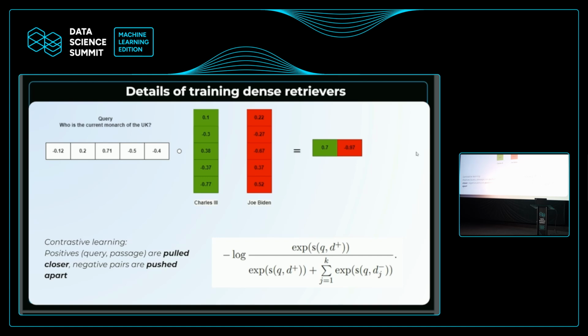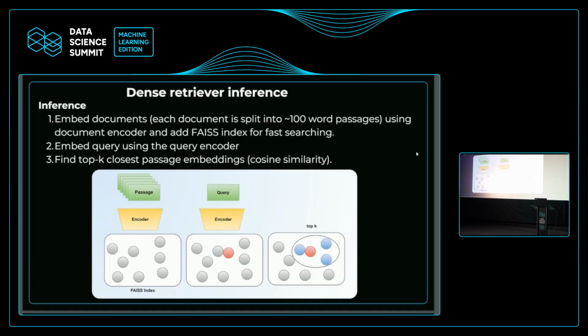And how do we determine if a document is relevant to the question? This can be labeled, or this can be distilled from other models that already know this data, and we can use their scores to basically check if a question is relevant to a document. So this is the training procedure of dense retrievers.